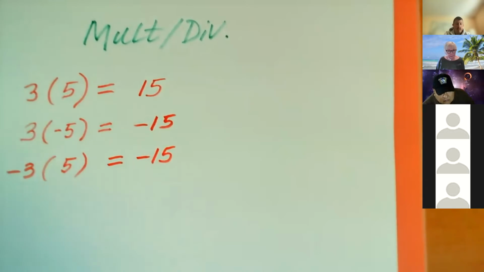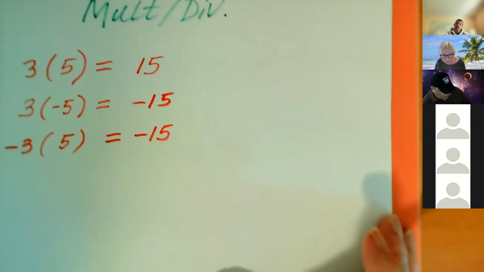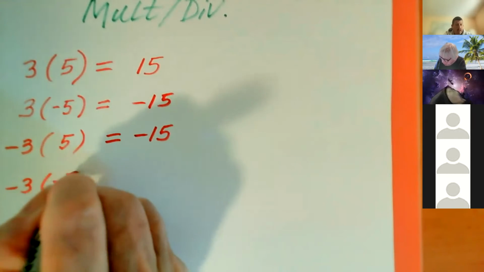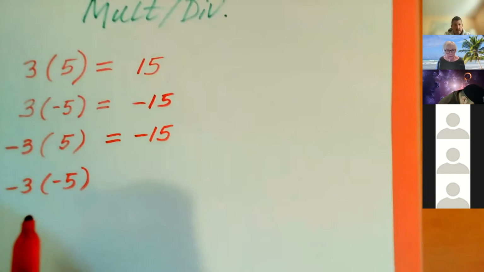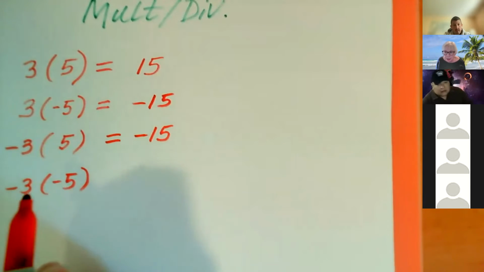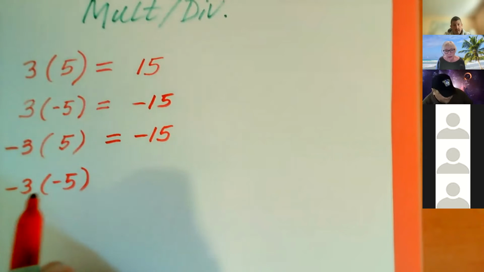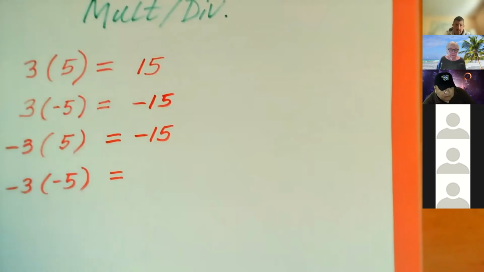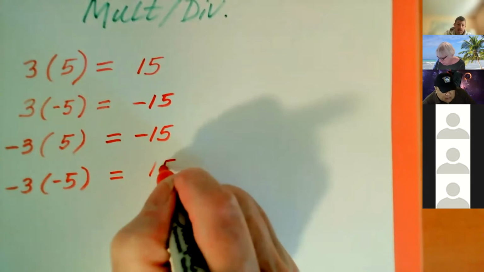Same thing. Now here's the cute one. Ready? Negative 3 times negative 5. There really are 2 negatives here in multiplication, a negative and a negative. What is our answer? Positive 15. It is positive 15.